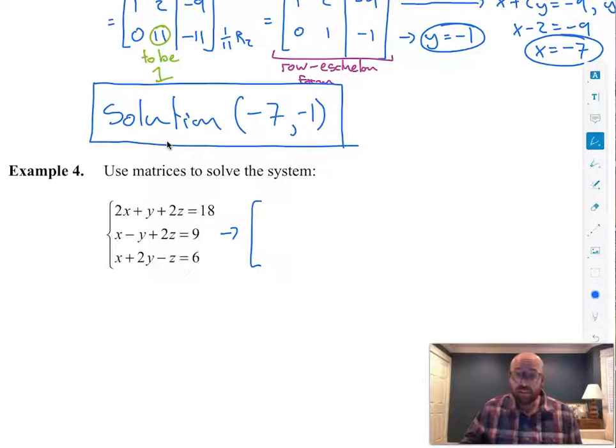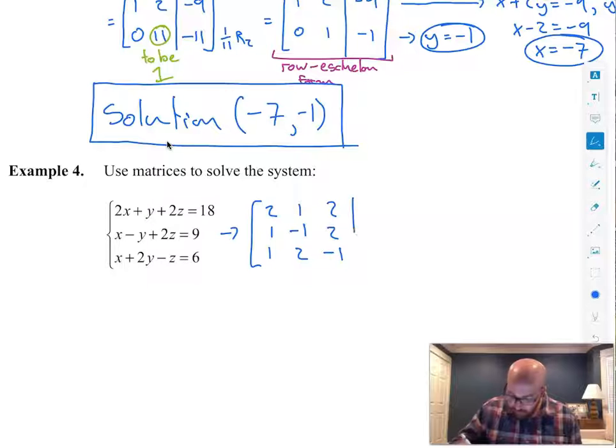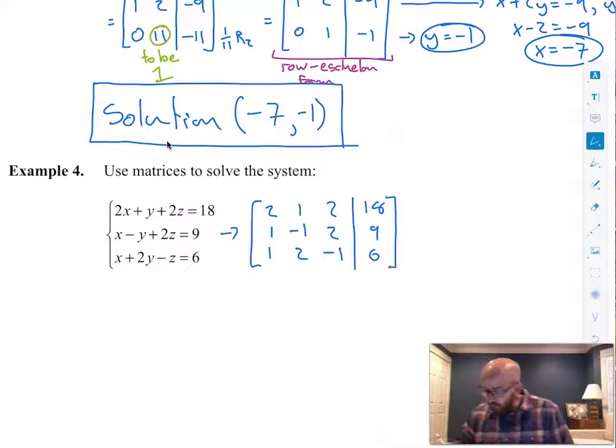So looking at this in terms of columns of coefficients, we have 2, 1, 1, 1, -1, 2, 2, 2, -1 equals 18, 9, 6. And the first thing that we want is we want this to be 1.